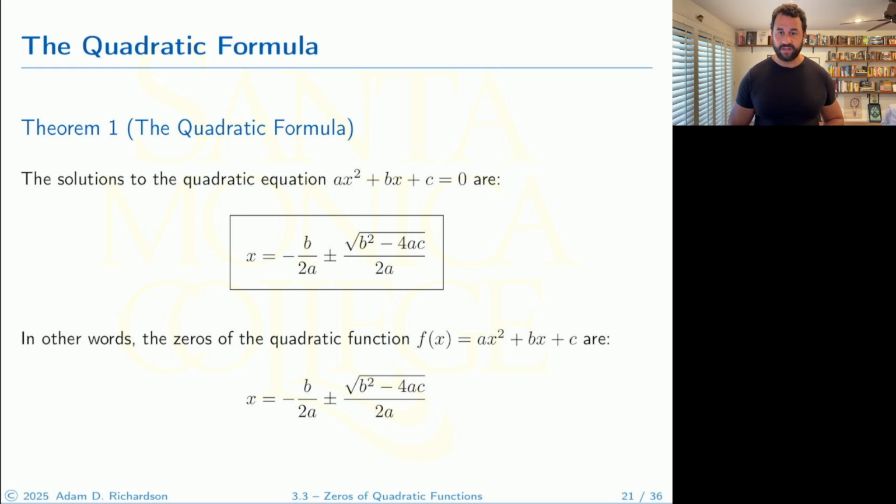A little note that I'll say here, you might have seen this given in a different form where this was written as a single fraction. That is still valid. If you want to do it that way, you can. The reason that I'm pulling it apart like this is because it has more geometric significance this way.